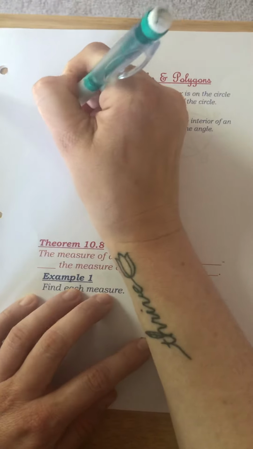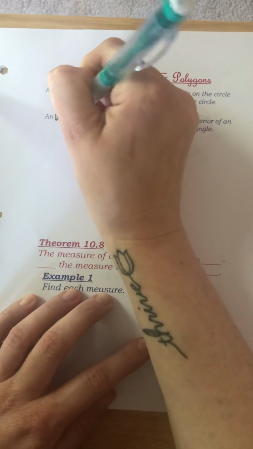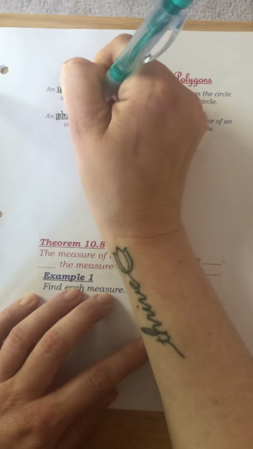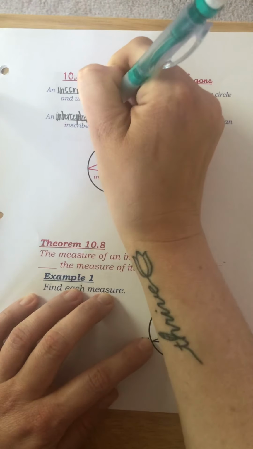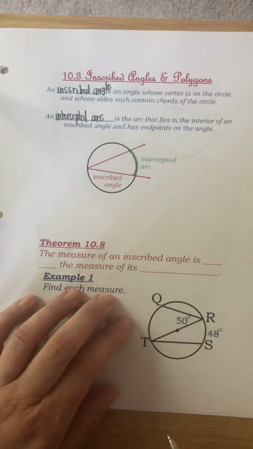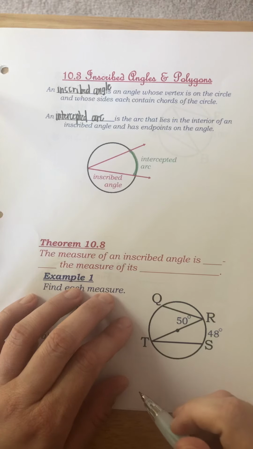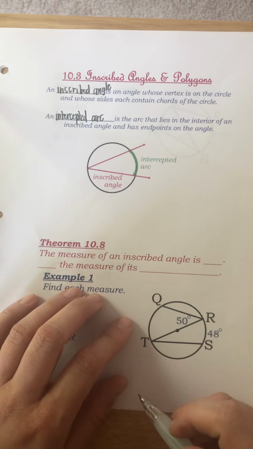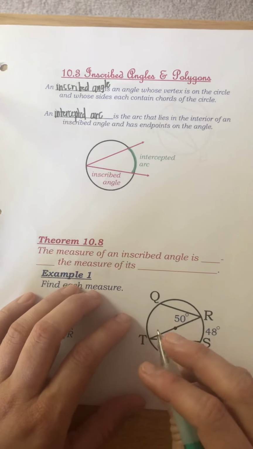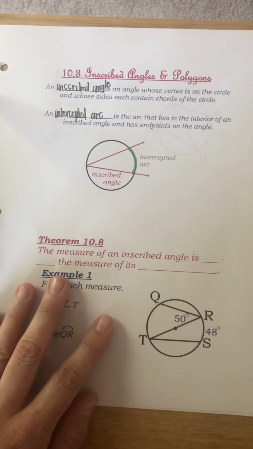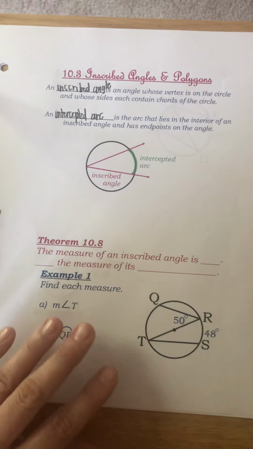And then we have what is called an intercepted arc. An intercepted arc is the arc that lies in the interior of an inscribed angle and has endpoints on the angle. Here's kind of how I think of it. You see the angle there in pink?